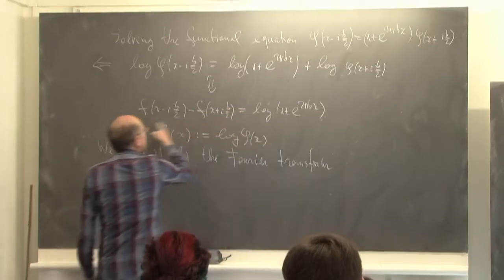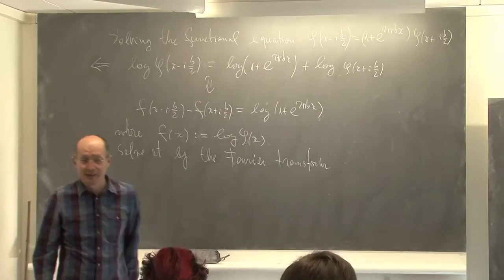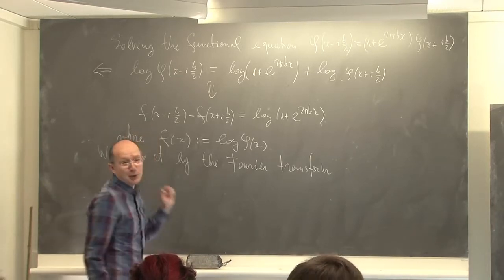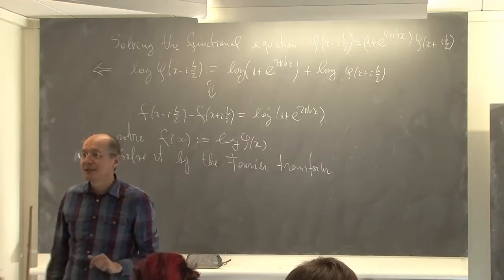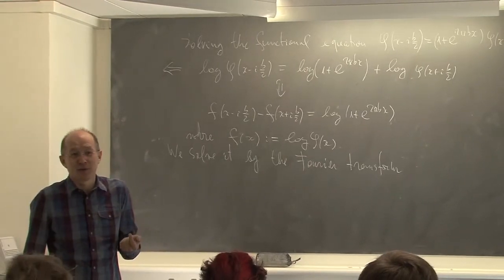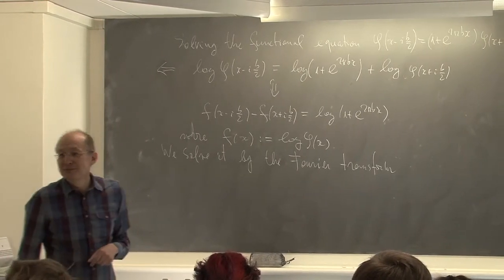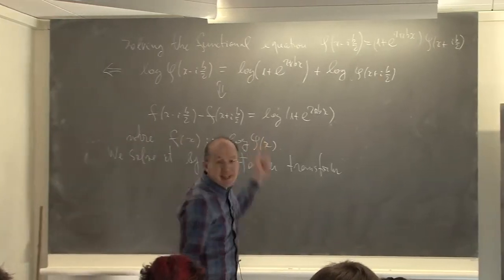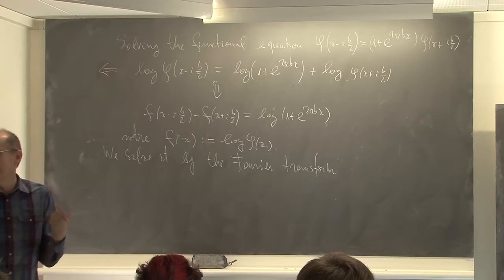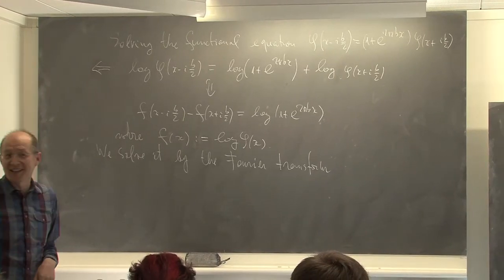So we have to apply Fourier transformation to both sides. Here we have an unknown function, so it's not a big deal to calculate its Fourier transform, just a matter of new notation. But on the right-hand side, we have a concrete function. So we have to calculate really the Fourier integral now of the right-hand side.